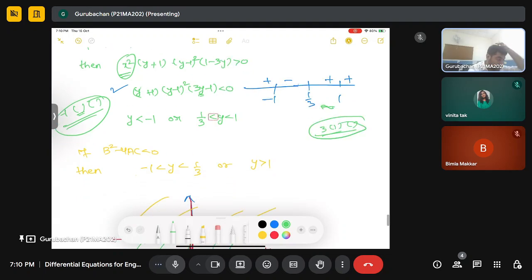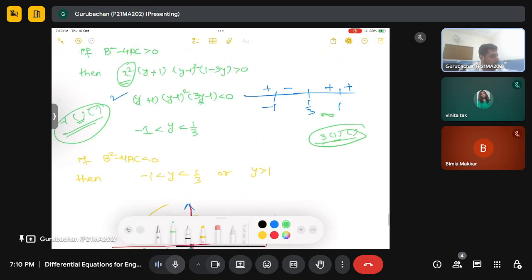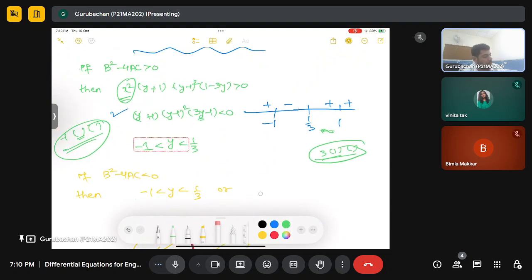Now we have to see the negative one, so your interval will be y between minus 1 and 1 by 3, and y can be less than minus 1, or y can be greater than 1 by 3. Before minus 1 is also positive, after 1 by 3 is also positive.